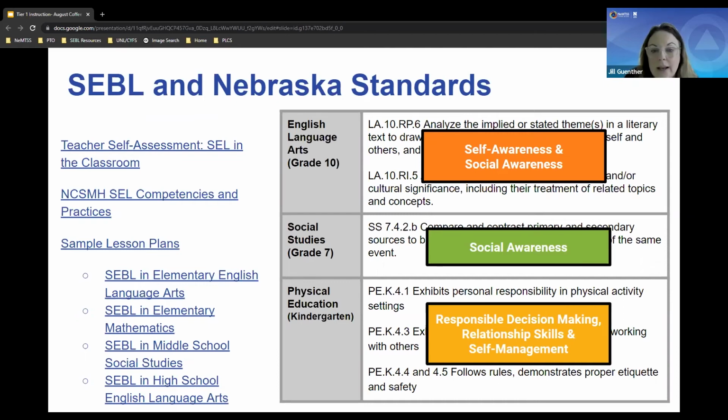That second one does a similar layout to our social emotional behavioral learning competency web, with the competencies and the skills that fall within each. And then also some example lesson plans: some ELA, some math, and some social studies, across different grade levels. Again, just things to take a look at, to build on, and to get ideas from. Good resources.